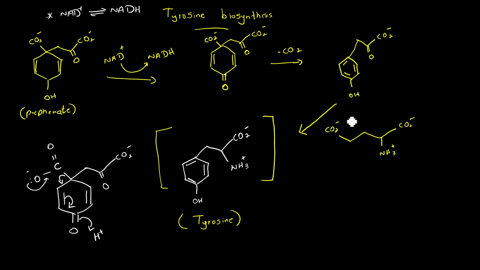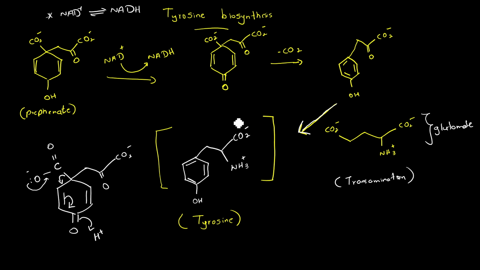Now again, I hope you remember this transamination process, which we have discussed in our previous video also. What happens? This is the glutamate molecule. Here you have an amine group. This amine group and this carbonyl group will be exchanged.